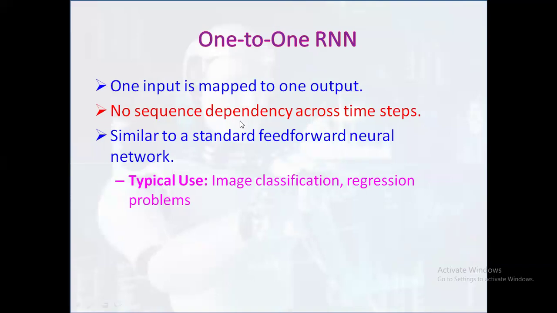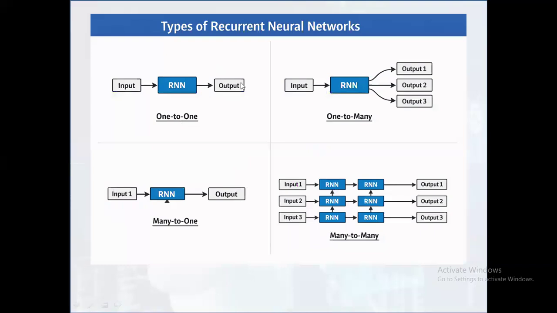This structure does not rely on previous inputs or outputs, making it free from temporal dependencies. The one-to-one RNN behaves like a conventional feed-forward neural network. So, one input, one output.